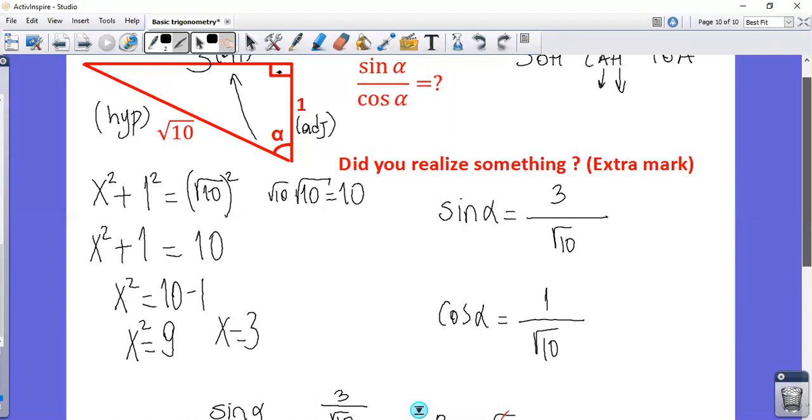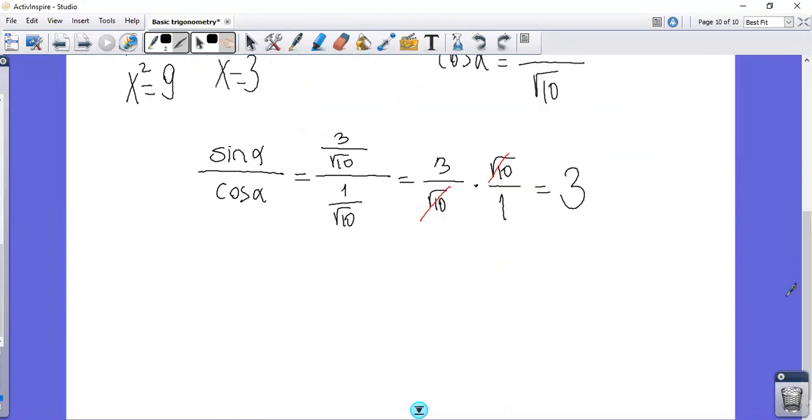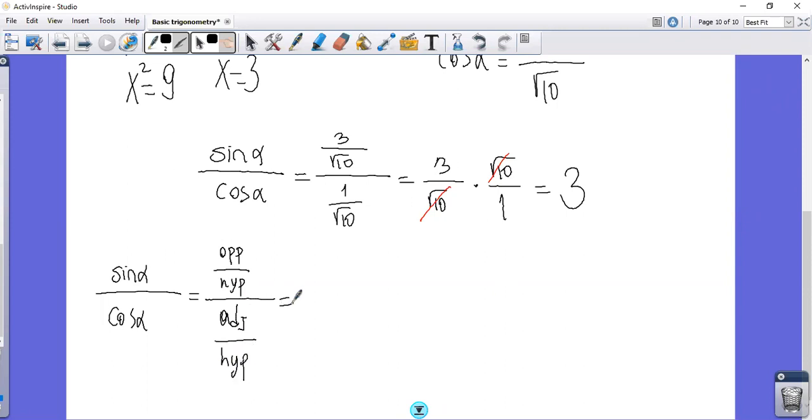So did you realize something? Let me explain that. What was sine of alpha over cosine of alpha? Sine of alpha is opposite over hypotenuse. Cosine of alpha is adjacent over hypotenuse.